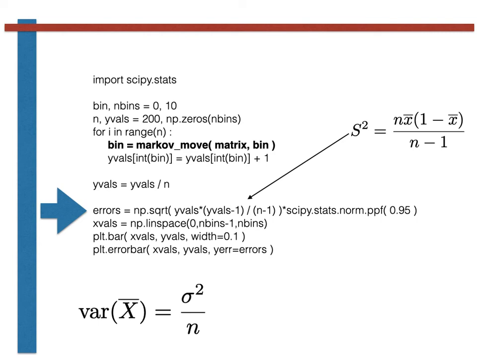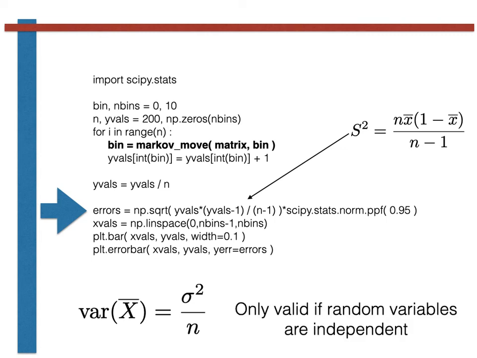This expression assumes, however, that our random variables are all independent. This is the kicker, though. This expression is only valid if the random variables that we've added together are all independent.